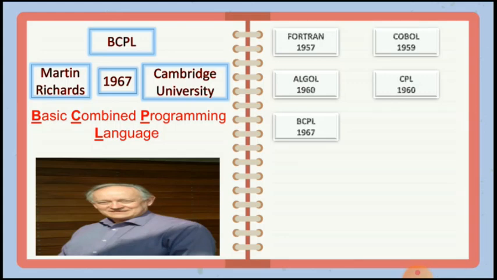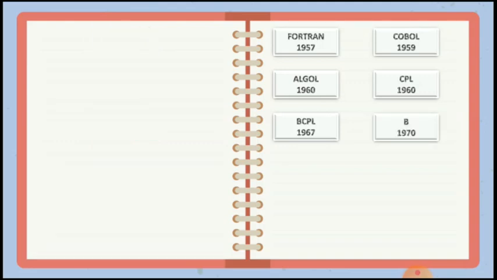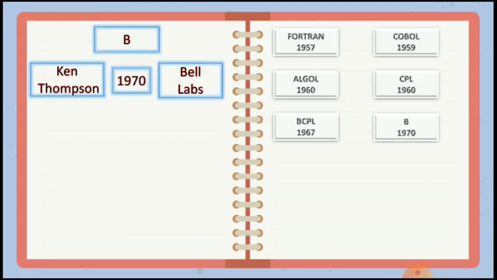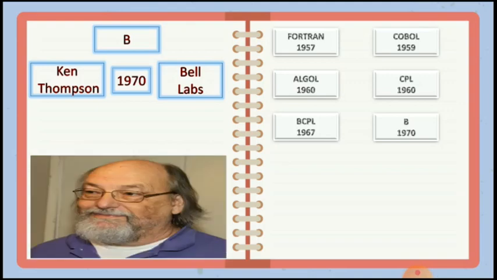But even this language also came up with issues. So the next language, that is B, was created by Ken Thompson in 1970 at Bell Labs. The first character from the previous language BCPL is taken to give the name B language.